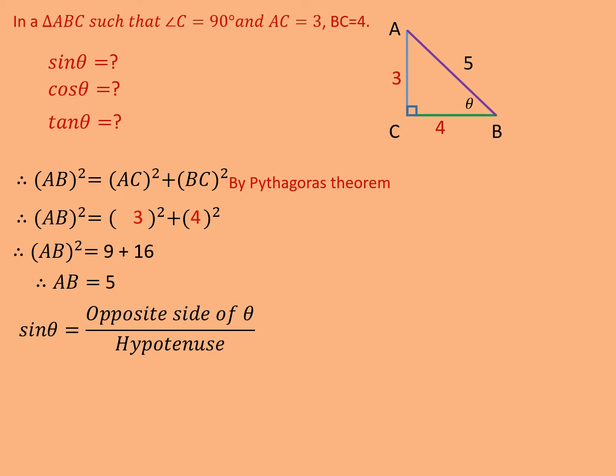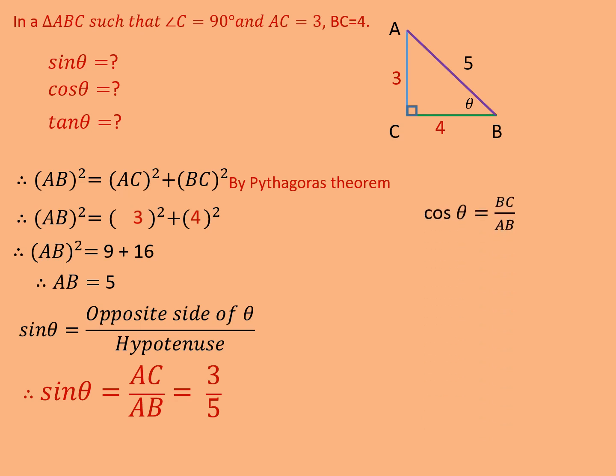So now sin theta, as you know, is the opposite side of angle theta upon the hypotenuse. So it will become AC, because the side opposite to theta is AC and the hypotenuse is AB. Therefore, when I substitute, I get the value 3 upon 5. So sin theta is nothing but 3 upon 5.